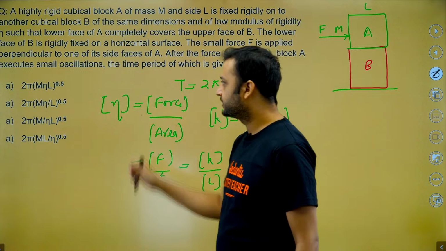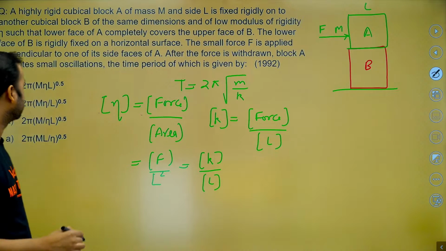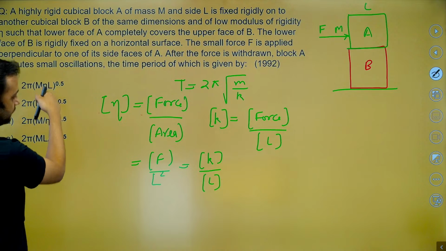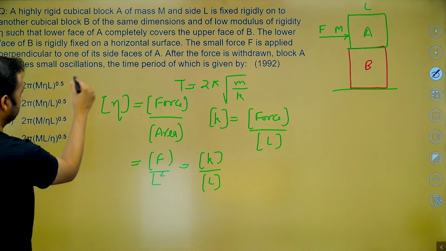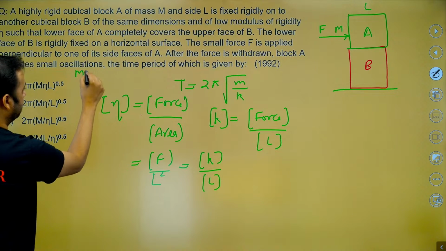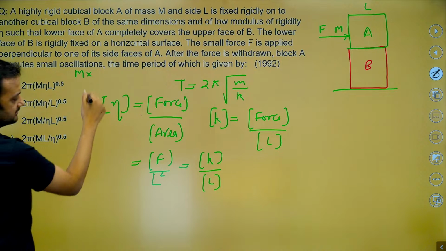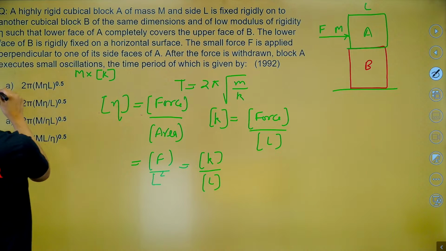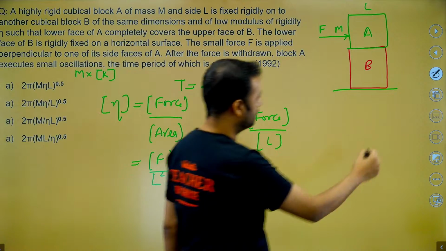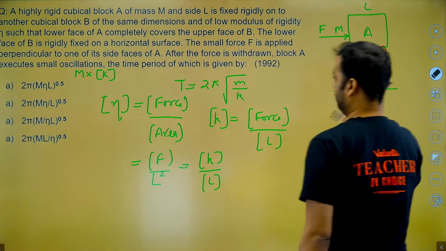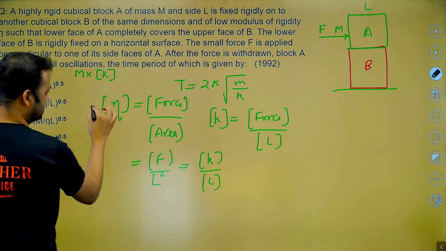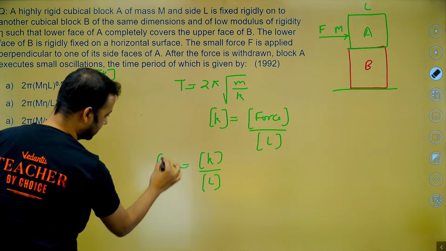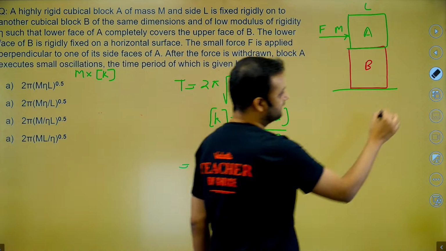Now go to option A: 2 pi into root of m eta L. If you put the dimension of eta, what will this become? Let me erase this part. We have already concluded that the dimension of eta is k by L, so let me write this.